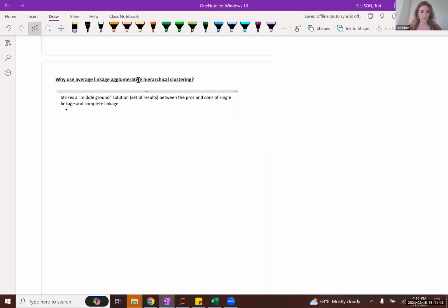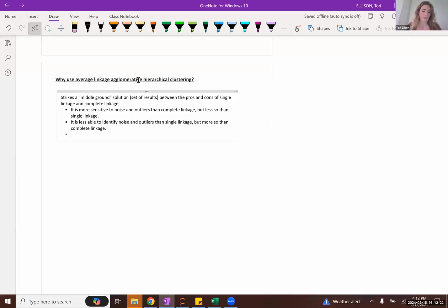For instance, average linkage is more sensitive to noise and outliers than complete linkage, but less so than single linkage. On the other hand, if your goal is to identify noise and outliers, and you don't really care about clustering, you might say it is less able to identify noise and outliers than single linkage, but more so than complete linkage.